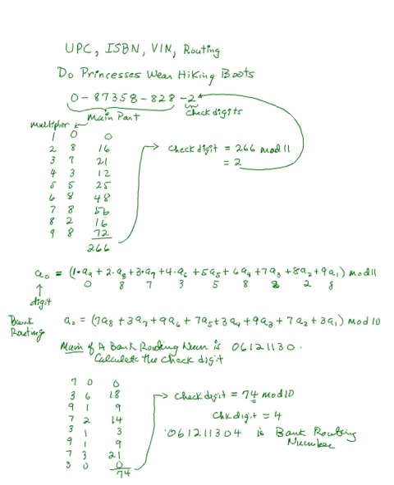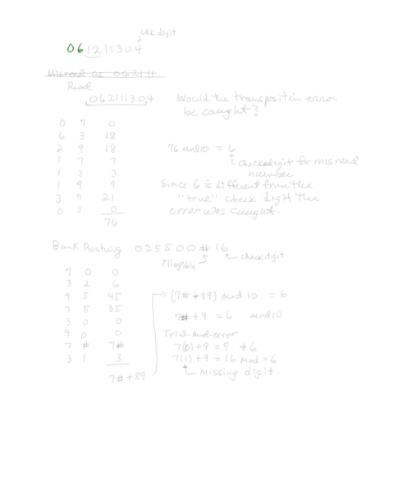As a continuation of this example, the bank routing number that we just talked about was 0612113004. And remember, the 4 is the check digit. So, this is the bank routing number that we were doing.